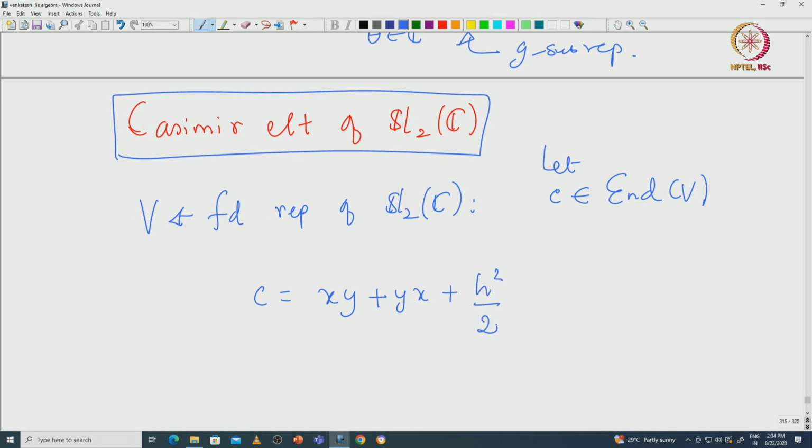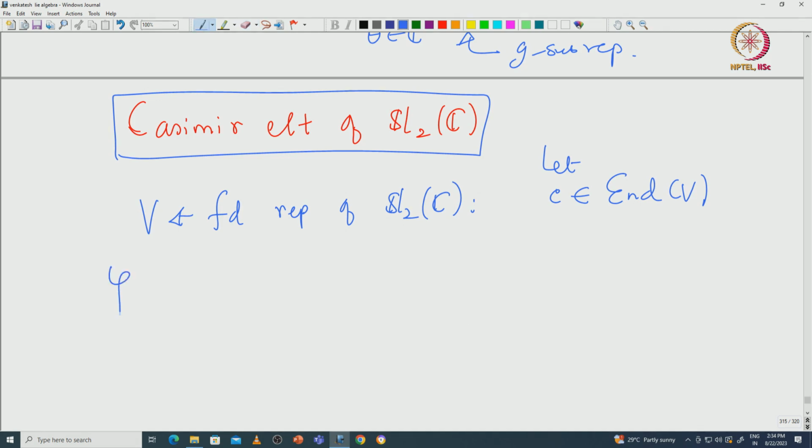Maybe as an operator, let me use the representation notation so that it becomes more clear.